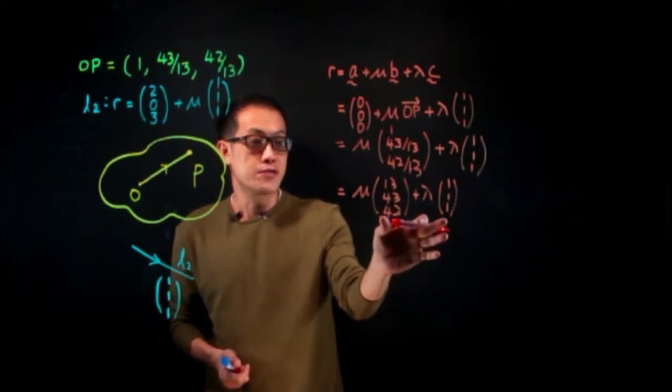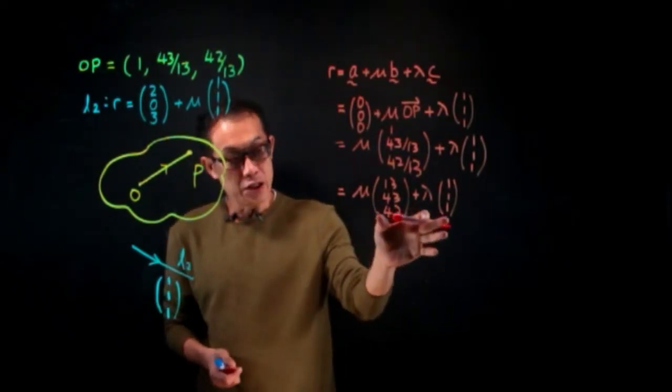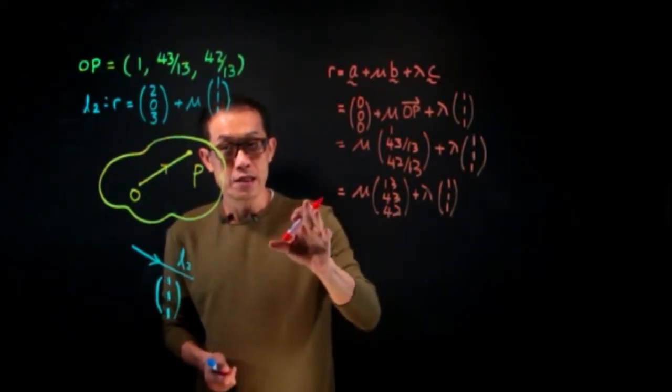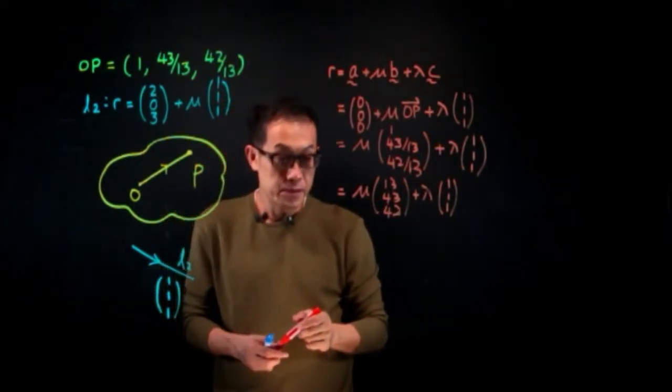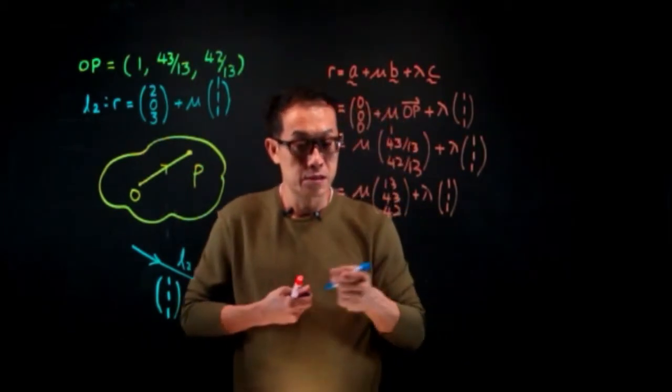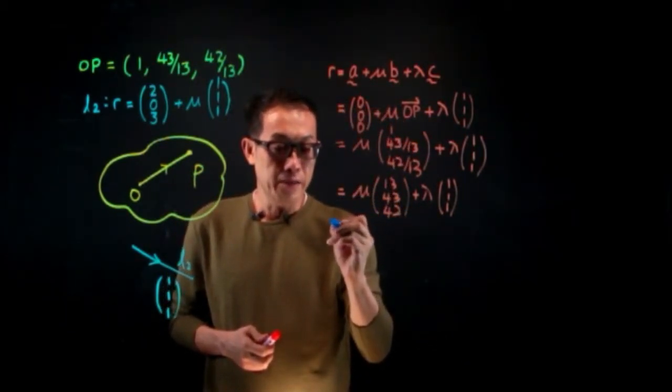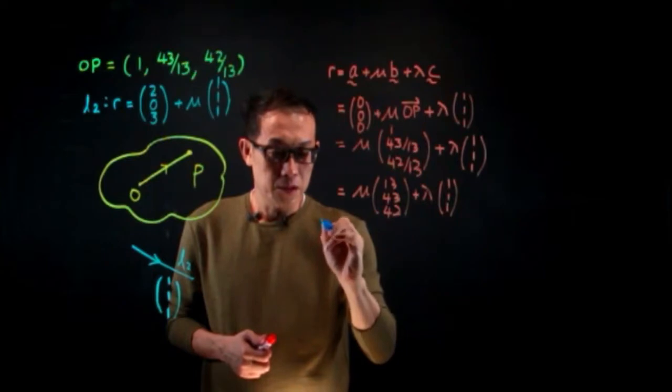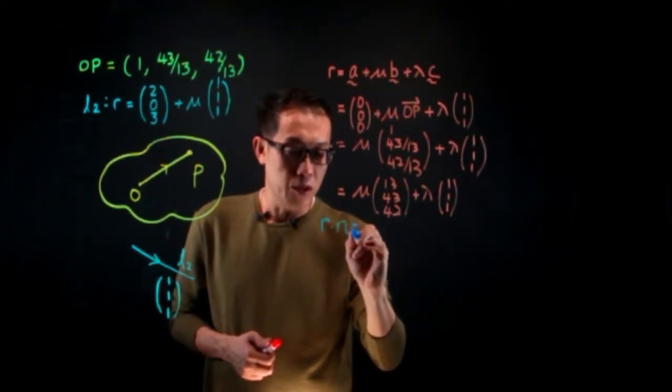One way is, let's change this to a scalar product form, alright? Now, the scalar product form is given by r dot n equals d.